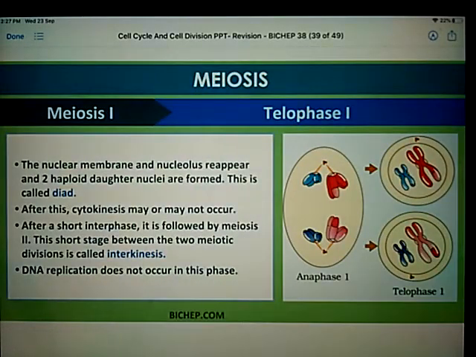And last one, the telophase. Now during telophase, two nucleus has to be formed. Ready? Two nucleus has to be formed.